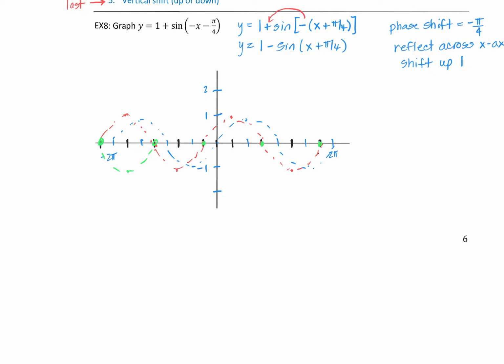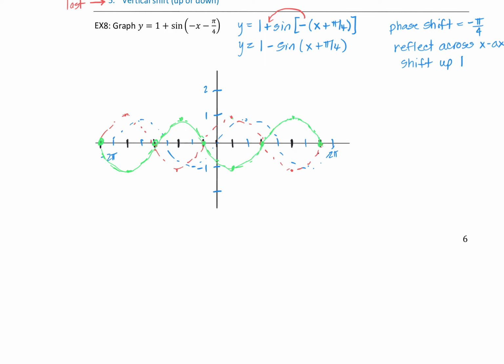And if it's a negative, it becomes positive. Zeros stay. Okay, maybe I'll just do a light green. So this is where I'm at. I've completed my shift and my reflection.